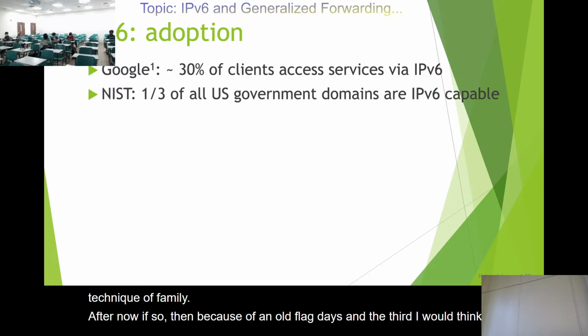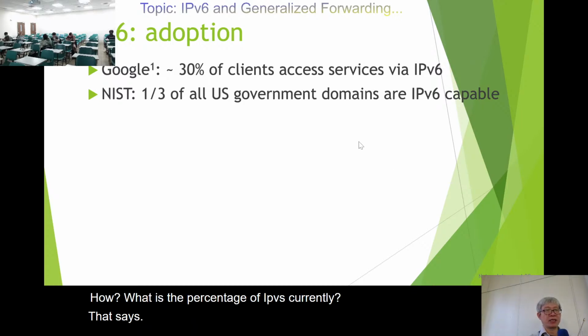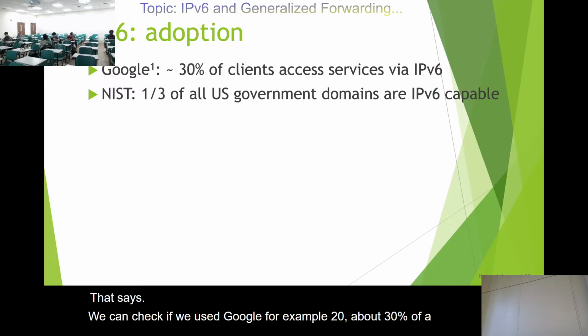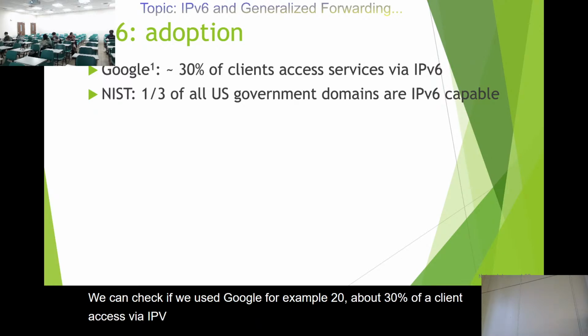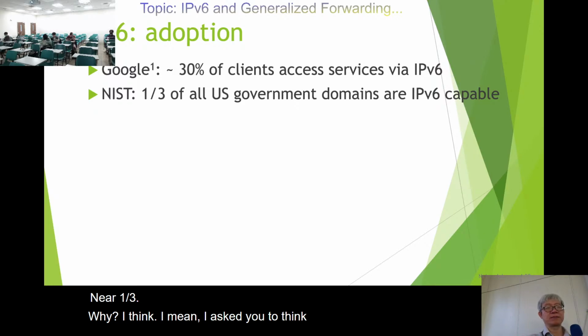Well, because of no flag days, we think about what the percentage of IPv6 currently is. We can check if we use Google, for example. Currently, about 30% of client access is via IPv6, near 1/3. Why do I ask you to think about near 1/3?